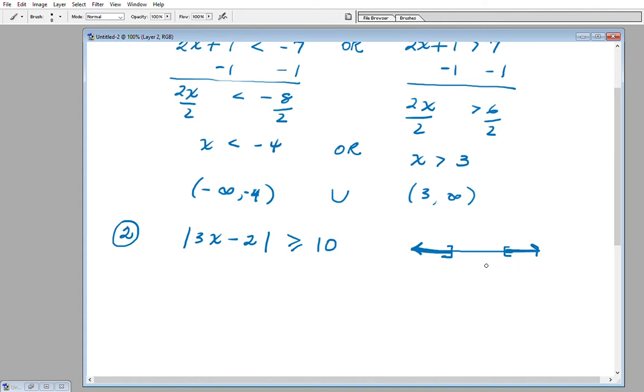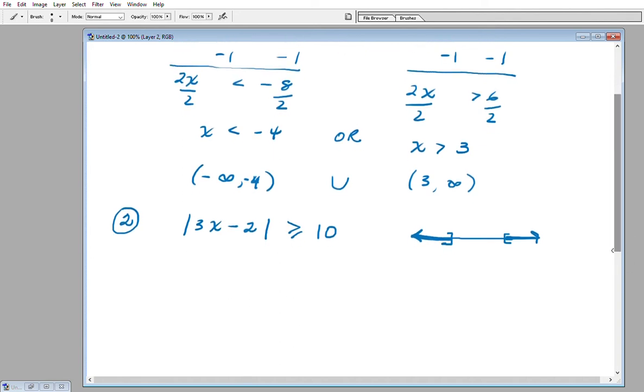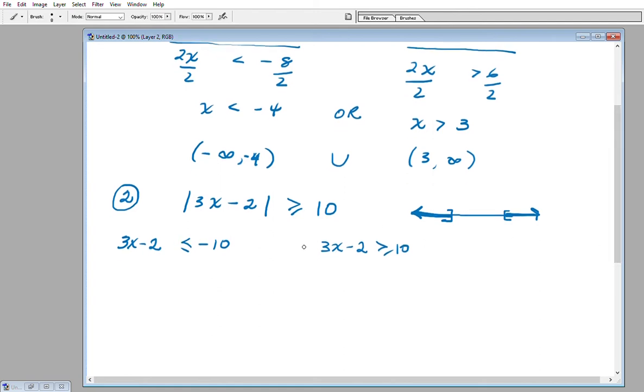Okay, anyone have anything? All right, I'm going to open it up. Okay, 3x minus 2. This is the left piece, less than or equal to minus 10, and then the right piece is that. Okay, so just remember this one always opens into two separate ones.